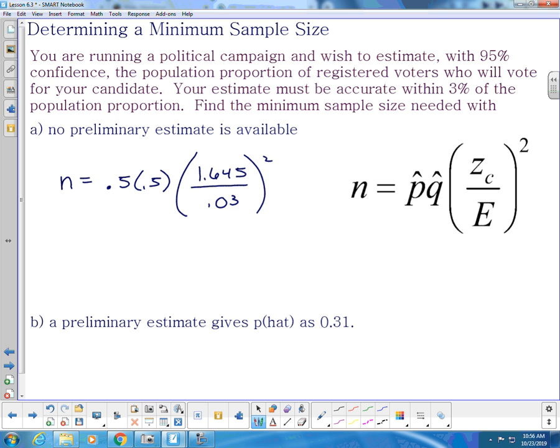We're doing a survey of people. It's not going to be 4.6. I get 751.7. So we should survey at least 752 people to get an accurate result.